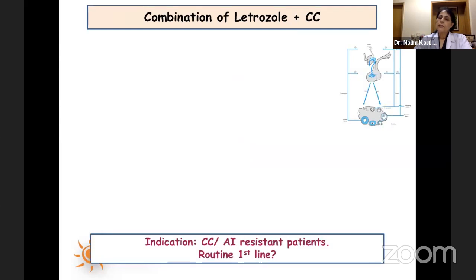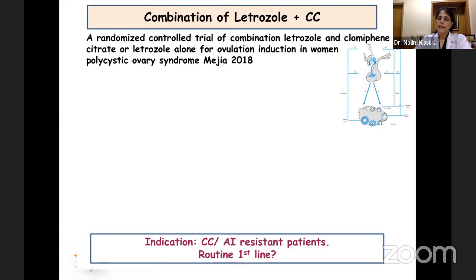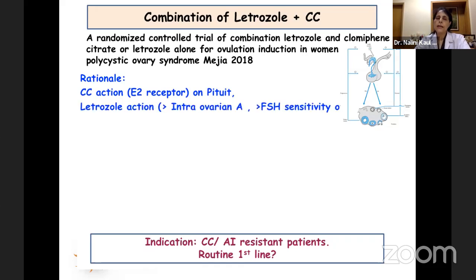A combination of letrozole and clomiphene has been tried, and this was a randomized controlled trial where both the drugs were given. The rationale here was that clomiphene will act on the pituitary. It will block the estrogen receptors, and therefore FSH will get secreted. And letrozole action will be in the ovary.